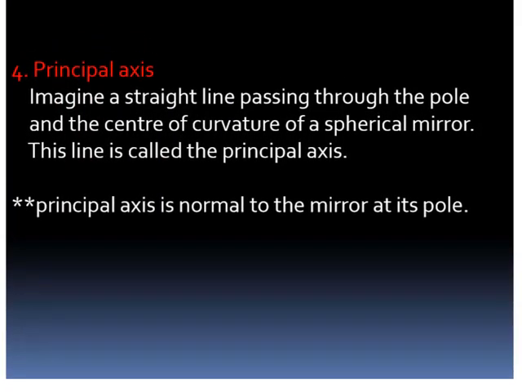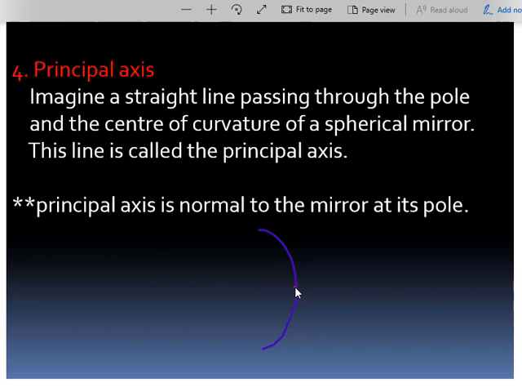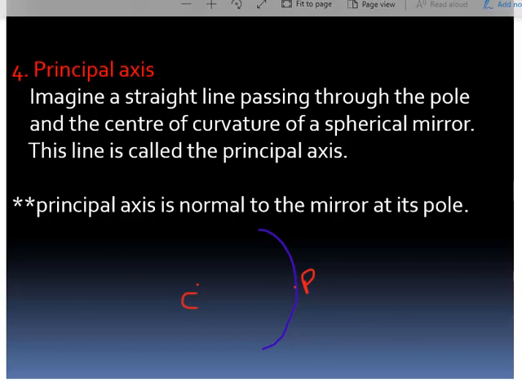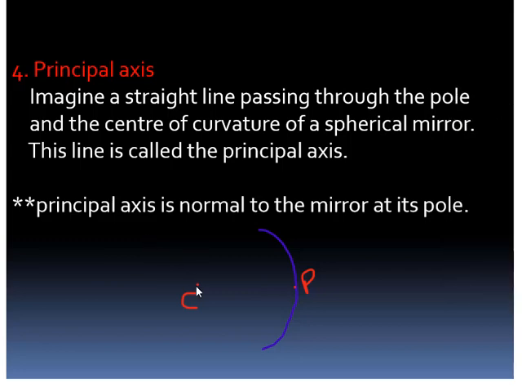Next one, principal axis. What is principal axis? Again we draw a mirror. This is a mirror. Now suppose this is the pole. This is the center of curvature. The principal axis is the axis or the line that joins the center of curvature to the pole.